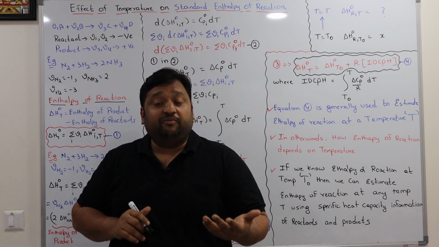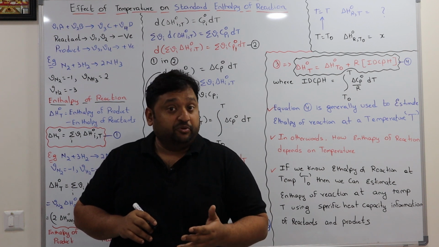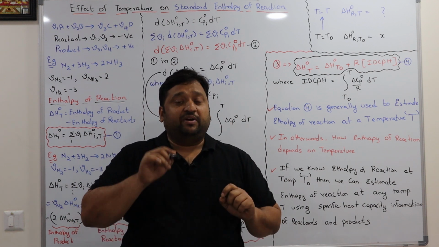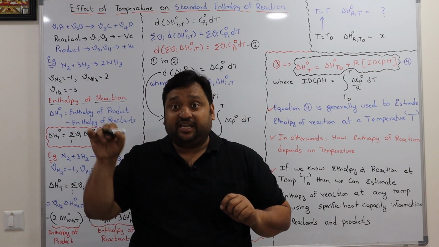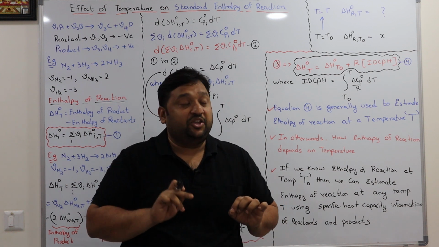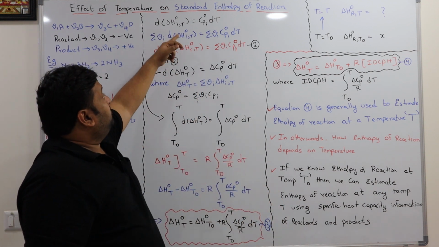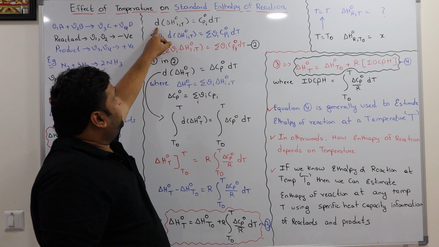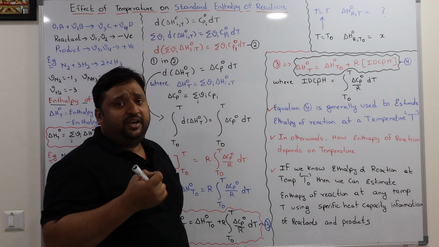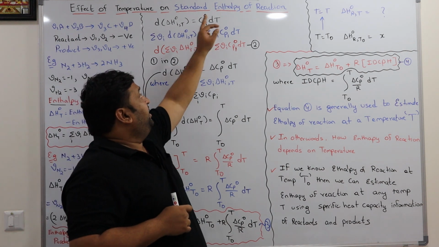Absolute values of the properties are not of use to us, only the change in property is of use to us. So whenever you see a single H or single U, think that it is delta H and delta U. The differential change in enthalpy is nothing but Cp_i, the specific heat capacity of i, into dT.